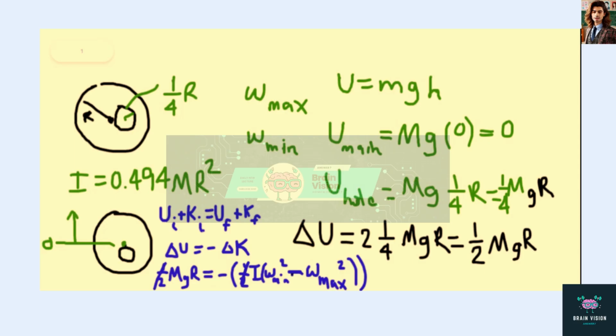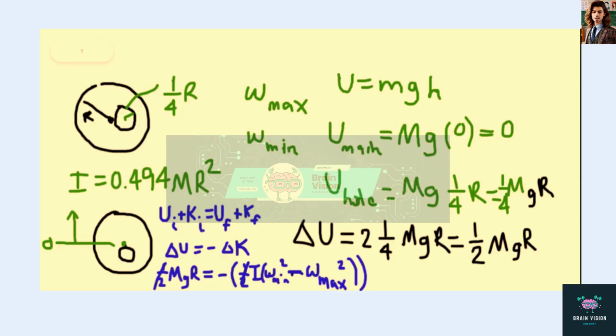The question again is, find an expression for the minimum speed. So I'm going to divide by negative I on both sides.